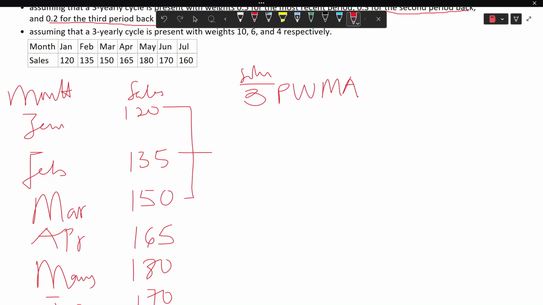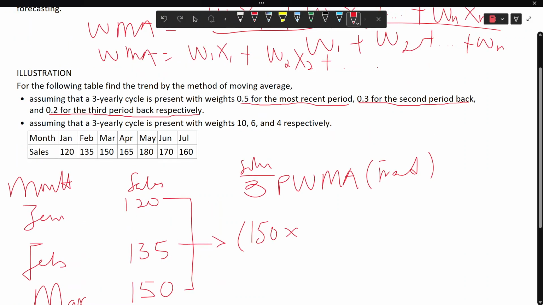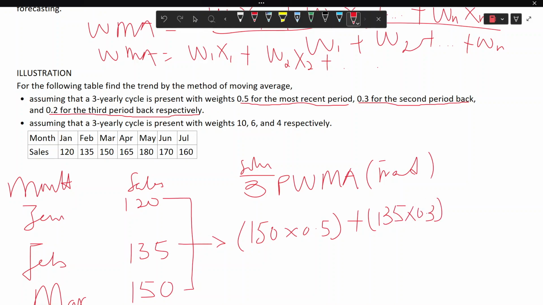And at the end, the trend value relates to the middle figure, that's the middle month, February. So we have 150, multiplied by its weight, 0.5, plus 135 by the weight 0.3, plus 120 times 0.2.